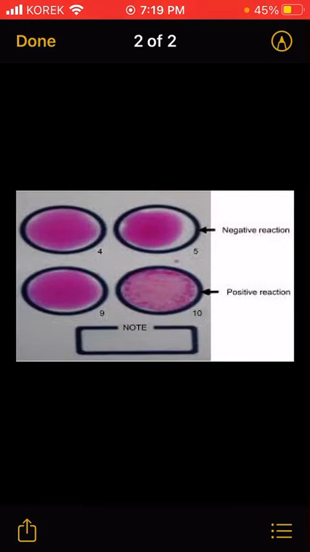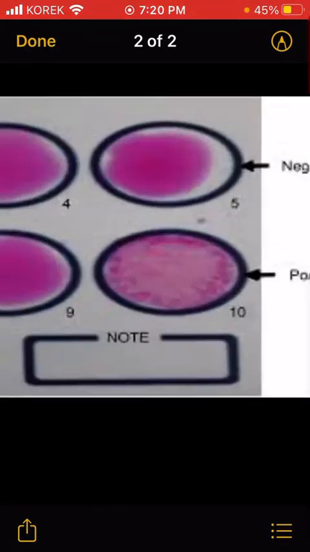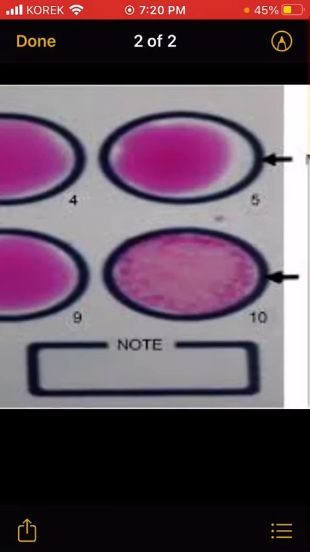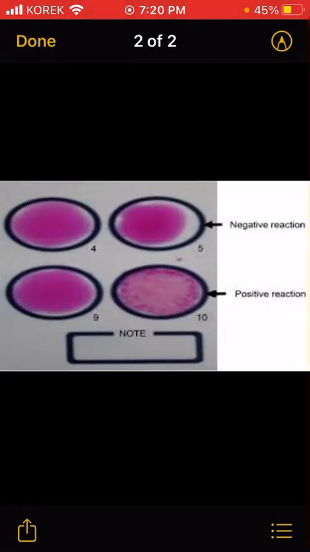In numbers 9 and 10, number 9 is the control. Number 10 has agglutination. That's a positive reaction. But in numbers 4 and 5, number 4 is the control. In number 5, no agglutination occurs.